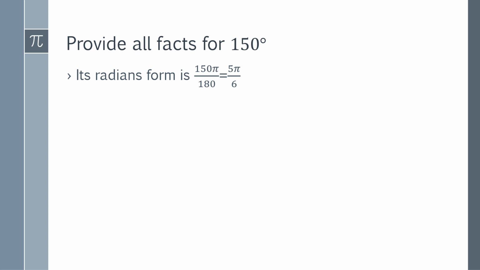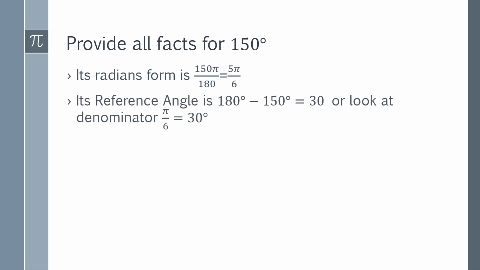And I also know, if I look at that denominator, 5 pi over 6, and 6 being the denominator, I know something about that in terms of the reference angle. So pi over 6 has a degree form of 30 degrees, and therefore the reference angle is going to be 30, because also you subtract 180 minus 150 because you are in quadrant 2, and you get 30 degrees.